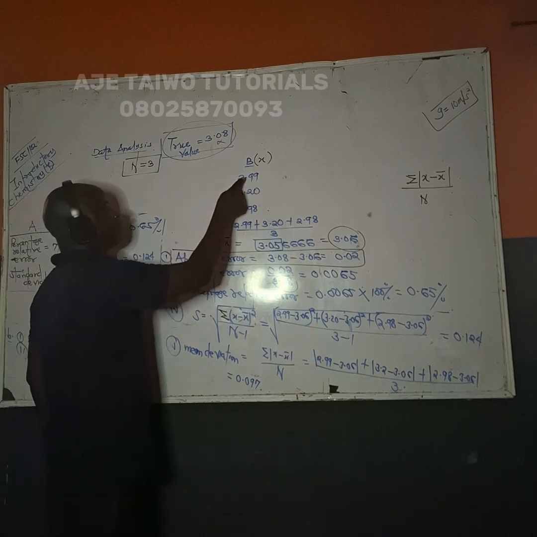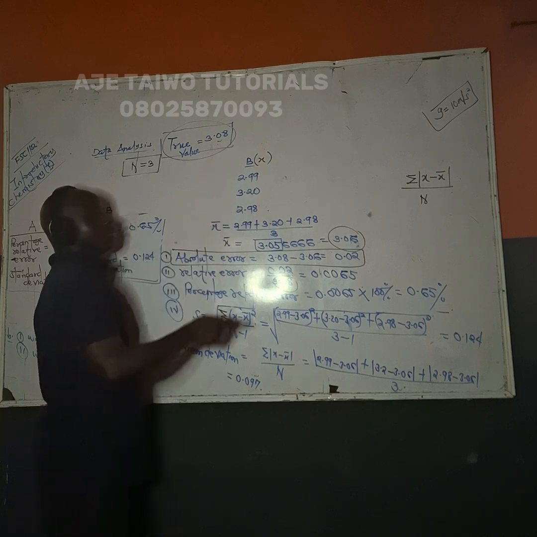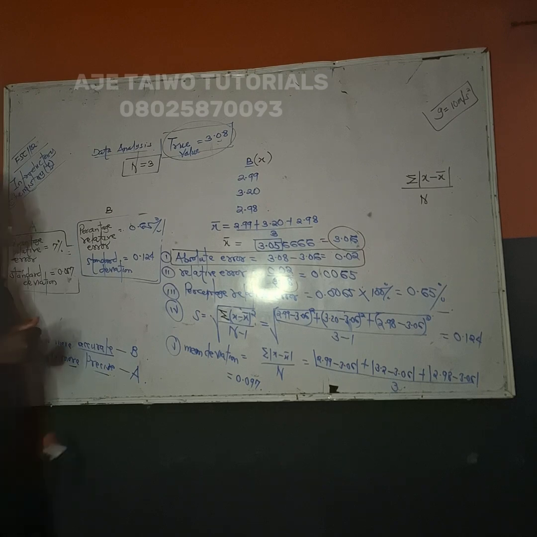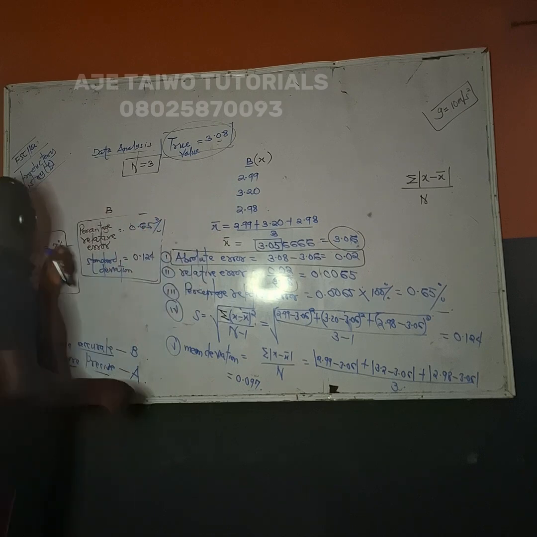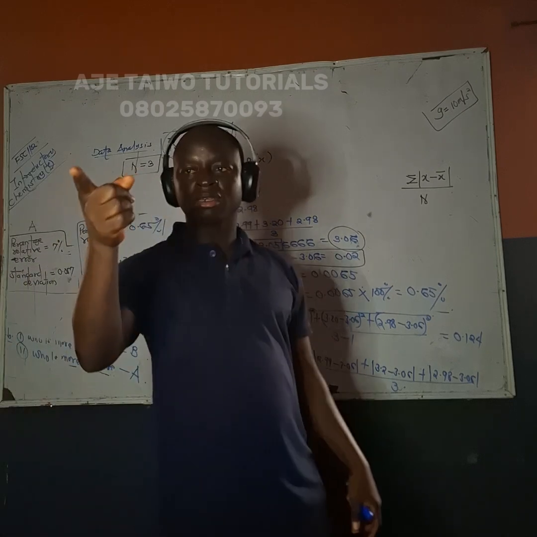In B, the values I gave you are very close to the true value. Therefore, B is more accurate. But in A, the values I gave you are not that close to 3.08. Therefore, A is not as accurate as B. Yes.